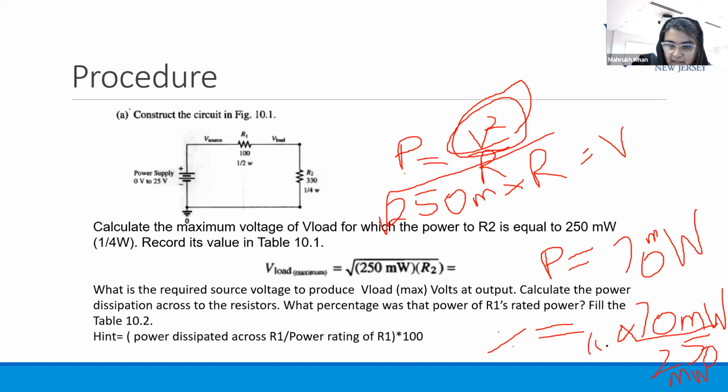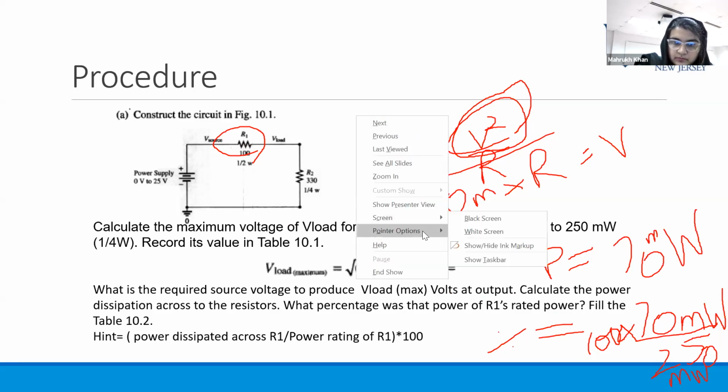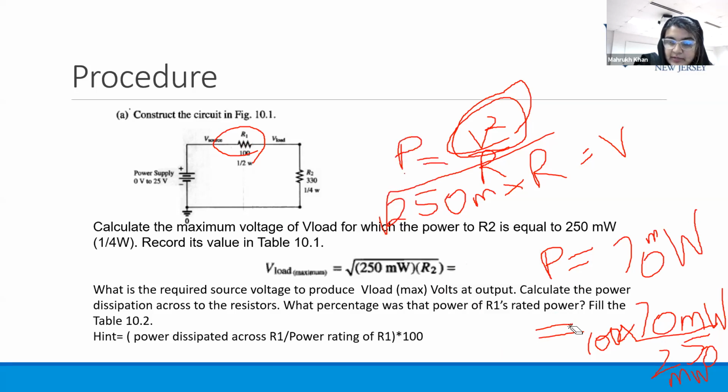But same, if I have to do the same thing for R1, right? I was just supposing that this is R2. But if I have to do the same thing for R1, what do I have to change here? Let's say 70 milliwatt is the dissipation across R1, right? So what is the rated power of R1? What is the power rating of R2?